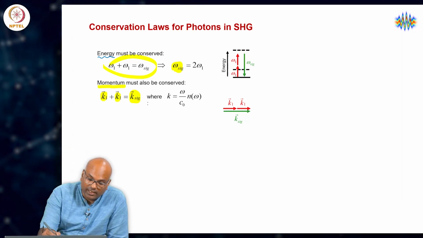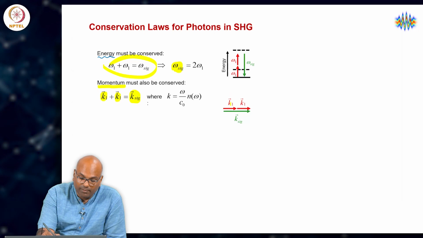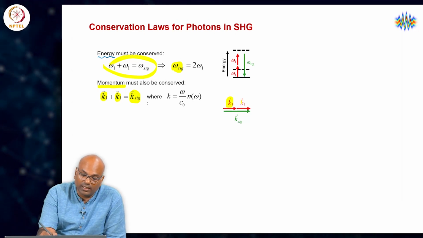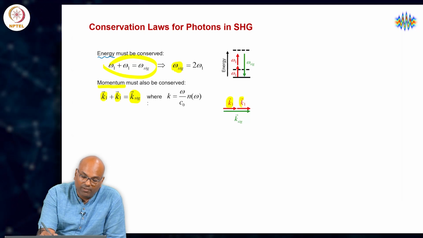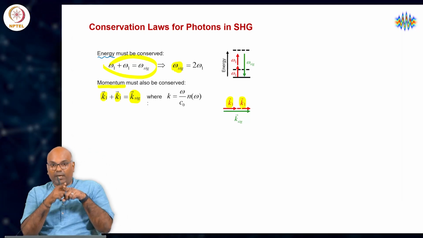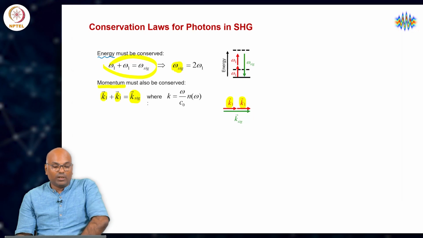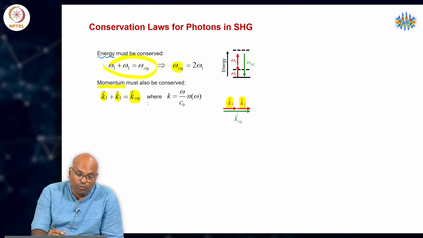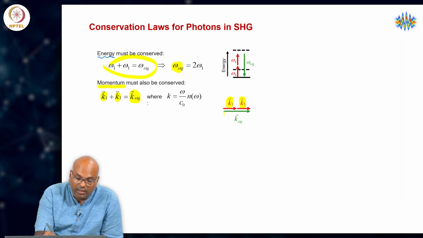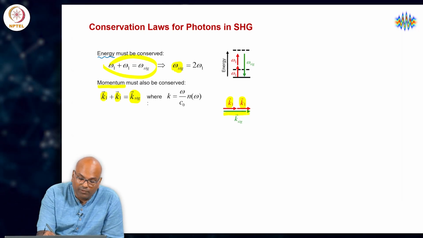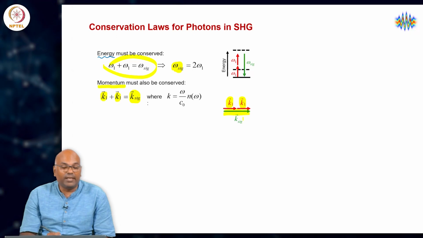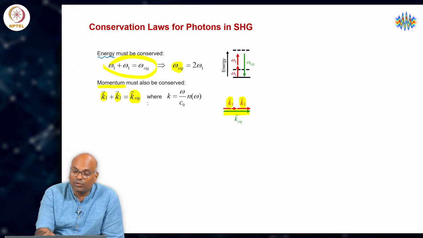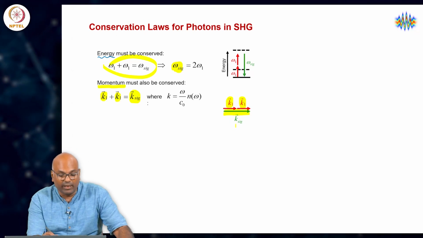Let us consider the case where in a medium the two beams participating in the second harmonic generation process have parallel k vectors, they are parallelly propagating beams. If we add k 1 and k 1 to produce k signal, simple rules of vector addition imply that k signal, which is k 1 plus k 1, should also be parallel to each of the k 1s, which anyway were parallel to each other.